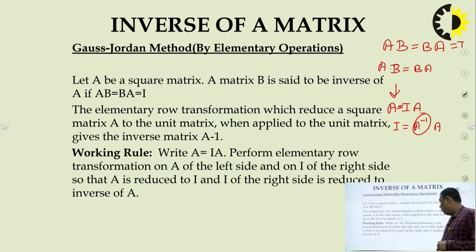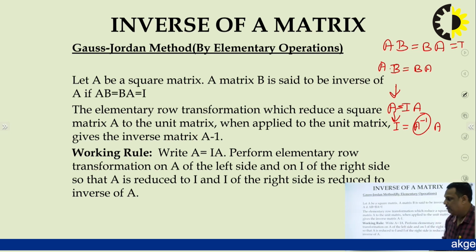The elementary row transformations which reduce a square matrix A to the unit matrix: A is converted into the unit matrix, then on the right hand side I, a unit matrix, is converted to A inverse. That's why matrix B is called the inverse of matrix A.